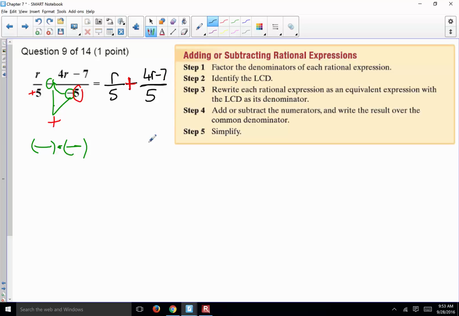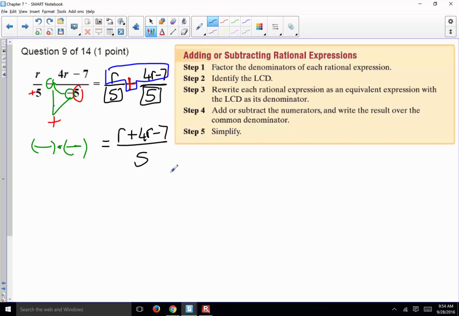Now look at how simple this question is. Matching denominators, so we can combine, and all you need to do is bring all these three together. R plus. Any sign change needed? If this is a plus, you don't have to change signs. If it's a minus, you change both though, but not now.